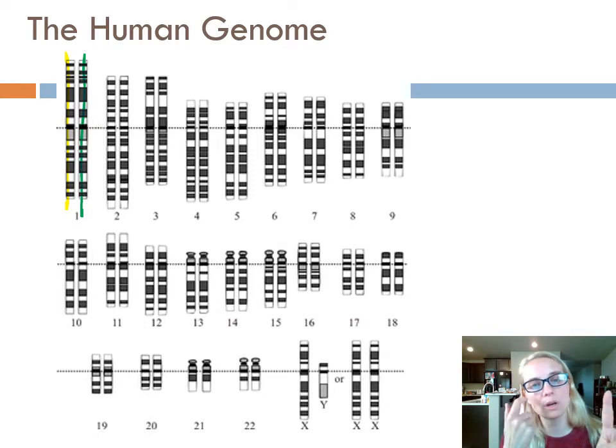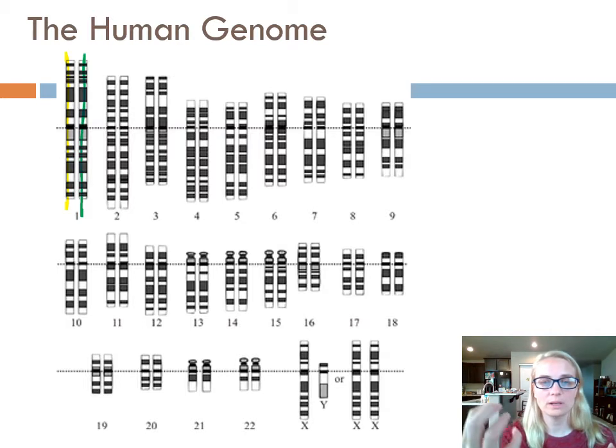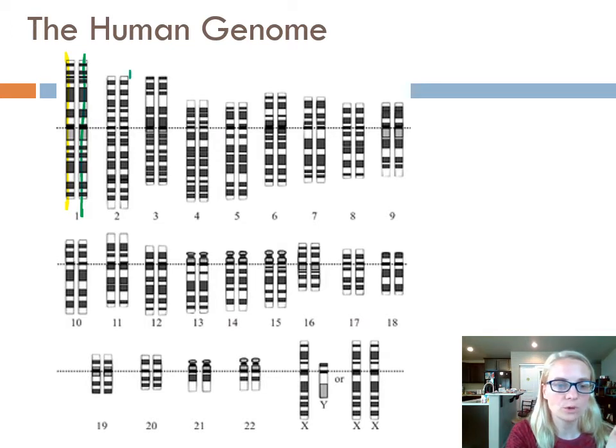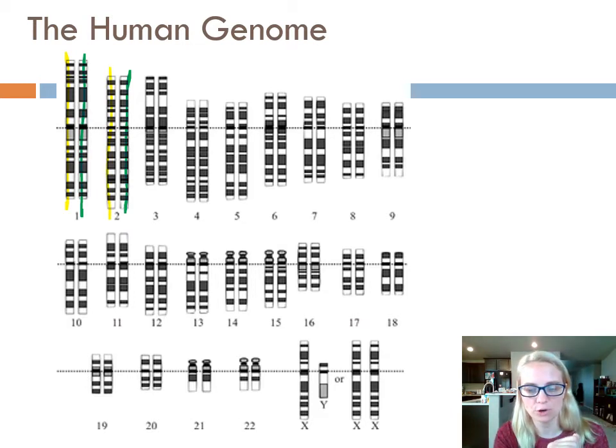So you have two number 1 chromosomes. When you became a being, chromosome number 1 came in mom's egg, chromosome number 1 came in dad's sperm, fused, and now you have 2 of each of those chromosomes. Then you will have chromosome number 2 from dad and chromosome number 2 from mom. So you have 2 of each of the chromosomes.